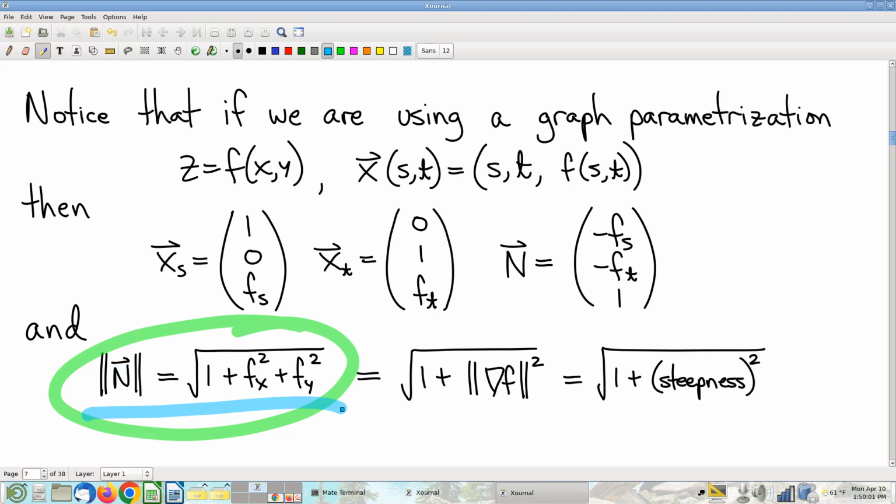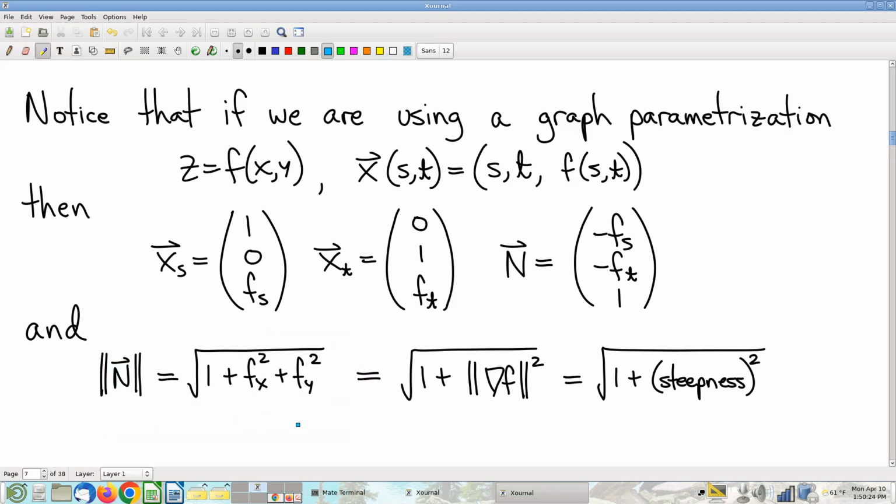It only applies to graphs. Sure, there are a lot of parameterizations that are graph parameterizations, but there are a lot that aren't. For those that are not graphs, you cannot use this. It doesn't make any sense. There's no way to make use of this formula. So supplemental only. But it's a nice supplement.